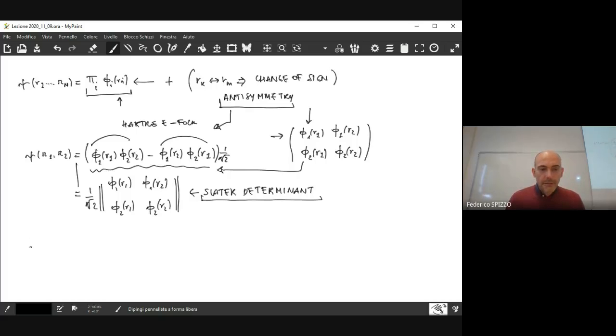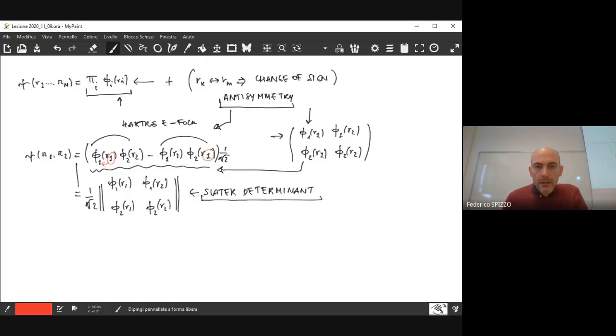The solution is the following. If you notice here, please just refer to the structure of this two-electron wave function. Please note that if you fix, just look at the coordinate 1. In this case, coordinate 1 is associated to level 1.